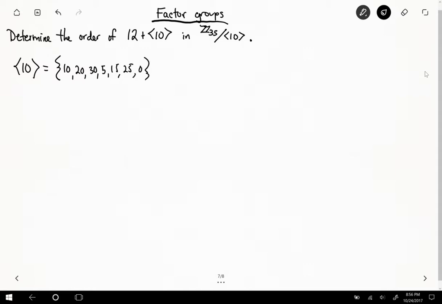So notice you have 7 elements listed. Now, just an FYI, we could have also, on the side here, the order of 10, right? We know Z35 is basically this group generated by the element 1.